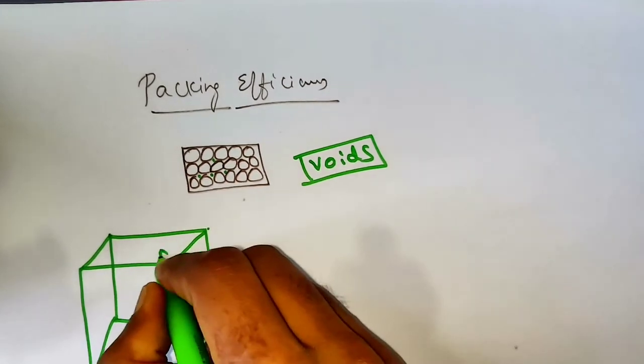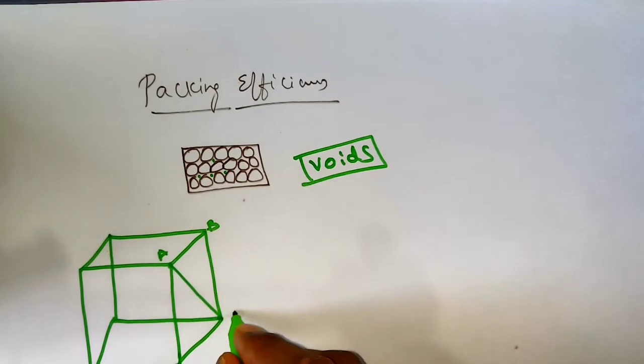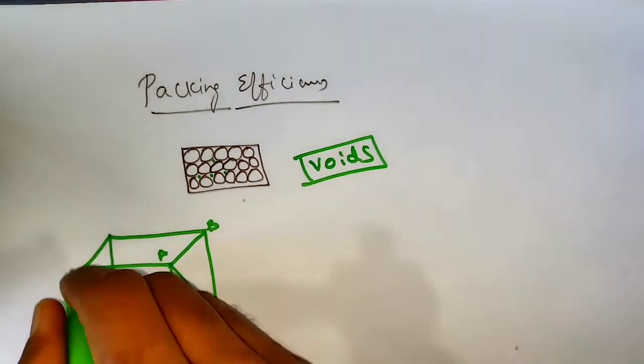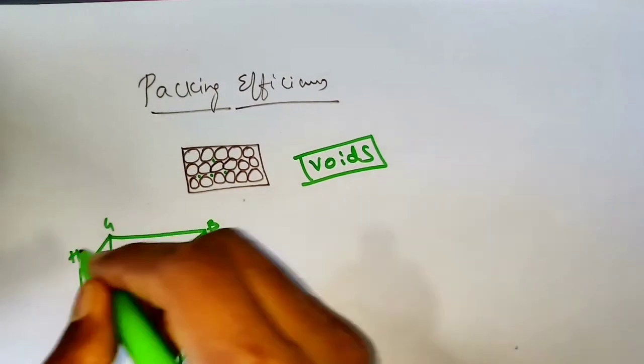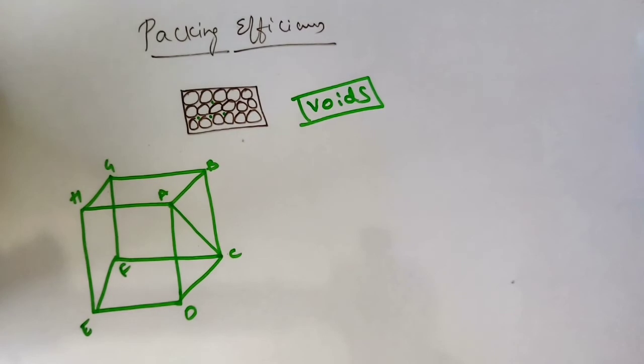Name the corners A, B, C, D, E, F, G, H. Okay, so consider a unit cell like this.